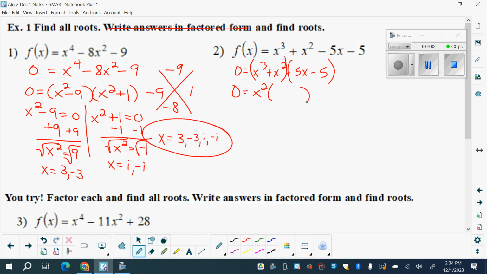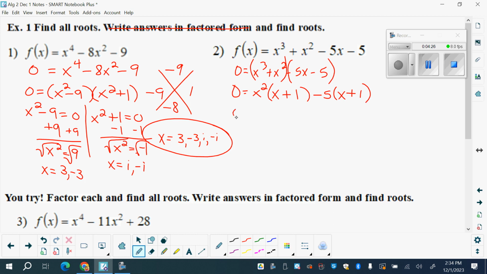So x squared times x plus 1. And then what can we factor out of the second one? Negative 5. Good, because we want to make them the same. We want to make them both x plus 1. So we have to factor out that negative 5 there.